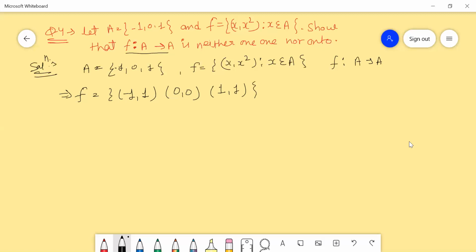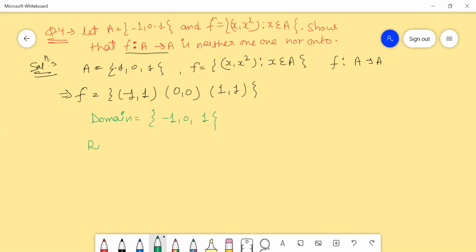So here we have to find the domain also from the function. What is the domain? The first elements of the pairs, that is known as the domain, that is -1, 0 and 1.